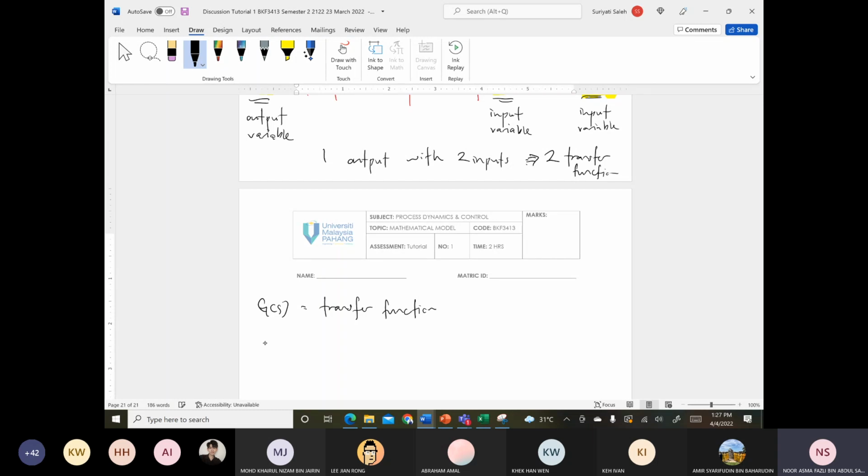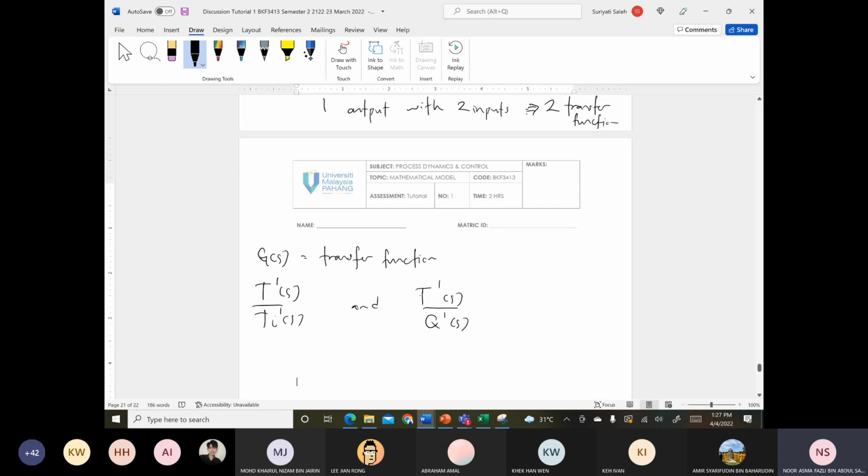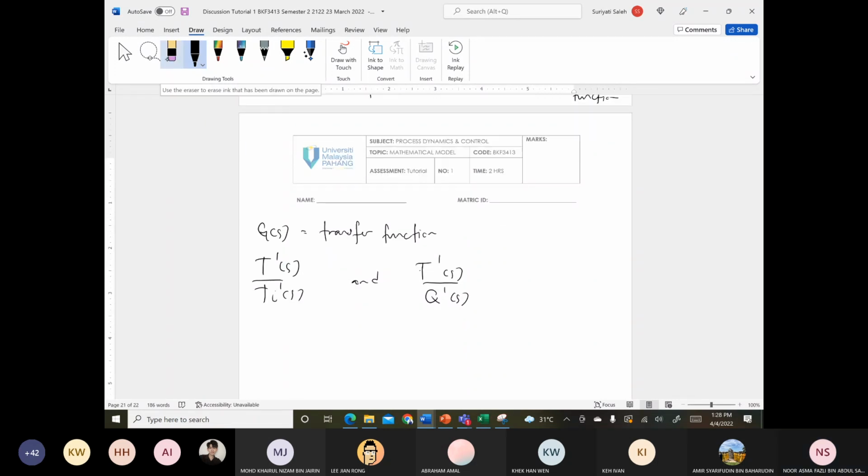In this case, maybe you have T prime(s) over Ti prime(s) and T prime(s) over Q prime(s). So you have two transfer functions involved. Here you can see the numerator is the T prime, which is your output. But in this case, you have two inputs, either the Ti or the Q. So this results in two transfer functions for your case study.